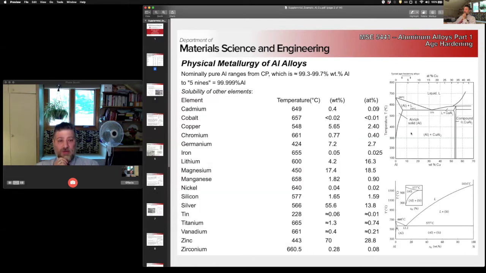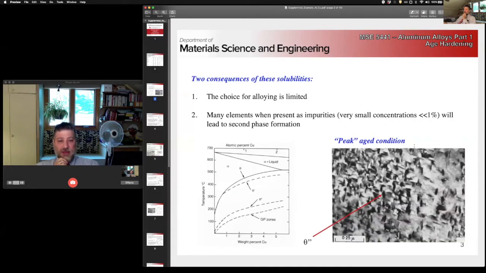So one of the most common is copper. So here we see the aluminum copper phase diagram. And so as we see, as we increase the weight percent copper, we go from a single phase region at high temperatures down to this two-phase region where the equilibrium phase is this theta phase.